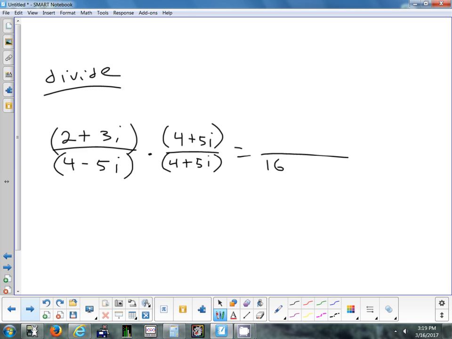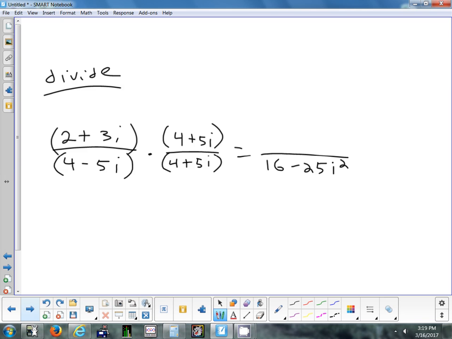Plus 4 times 5 is 20i. So we don't have to write that part down. Plus 20i minus 20i. Oh, minus 25i squared. And now in the top, we do have to write everything down.